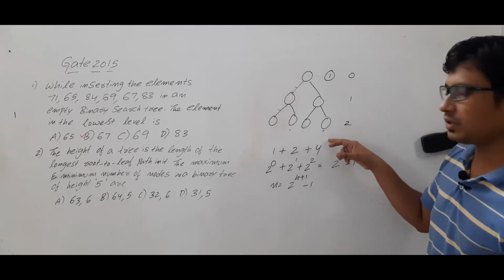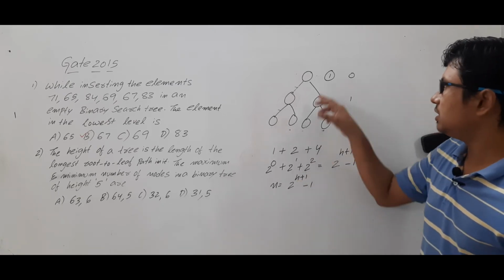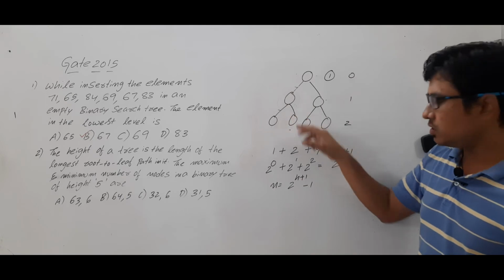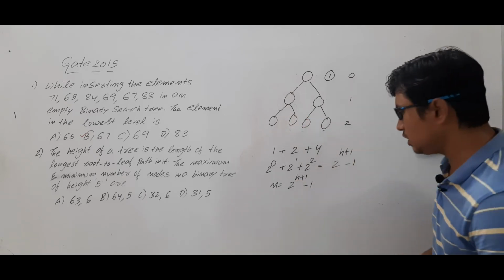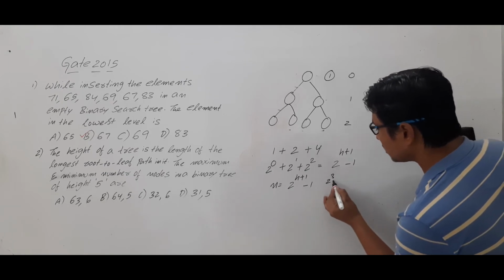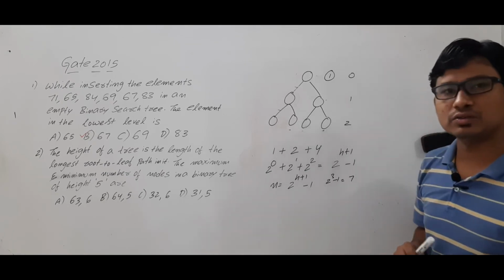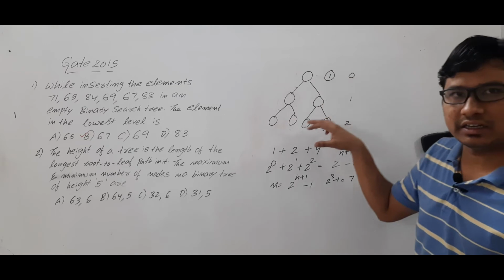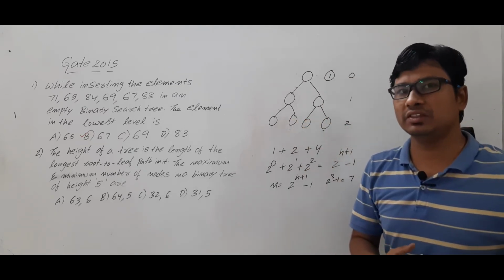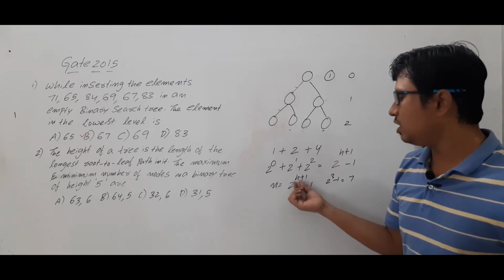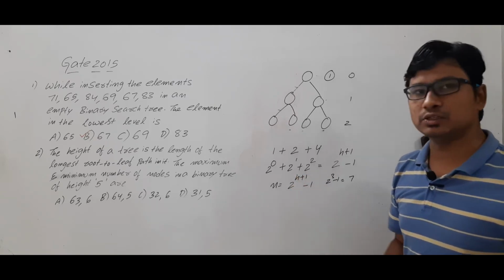If you have a doubt, you can substitute it. The h here is 2. So 2 power 2 plus 1, which is 2 power 3 minus 1, which is equal to 7. So if the height of the binary tree is h, the maximum number of nodes possible in that binary tree is 2 power h plus 1 minus 1.